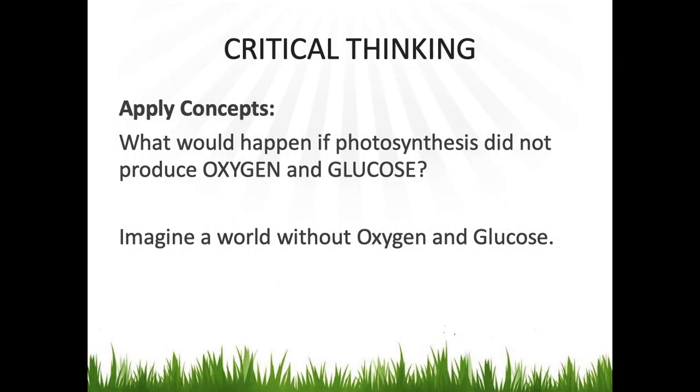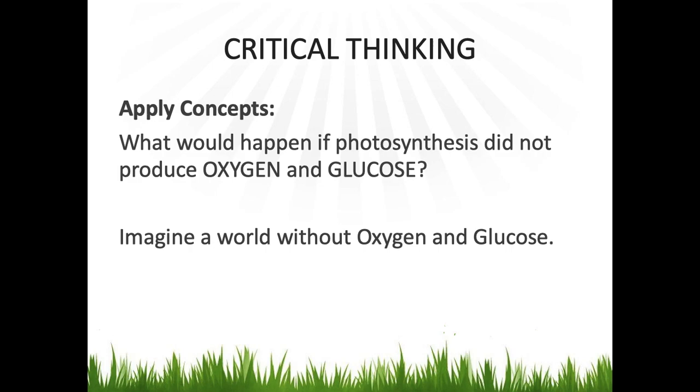Okay, now is the time for you to put your thinking caps on and really think critically about the process of photosynthesis. These two major products that photosynthesis produce are oxygen and glucose, right? But what would happen if photosynthesis did not produce oxygen and glucose? Imagine a world without oxygen or glucose.